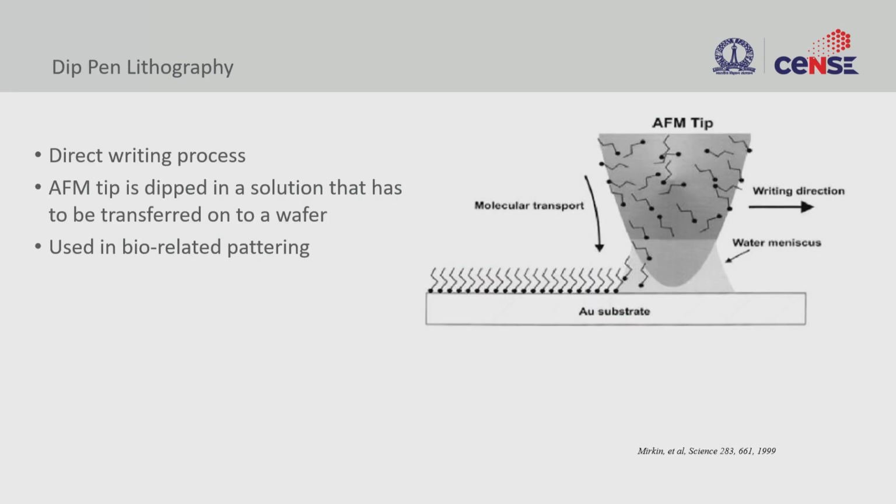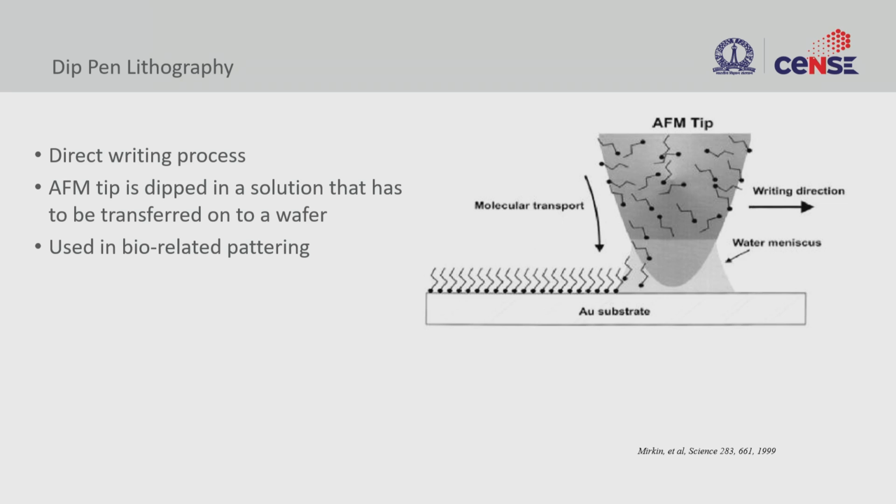And again, using an AFM tip, this is slightly towards biological pattern writing, where you want to align molecules in a certain fashion on a substrate. So there are bulk processes where you dip coat a certain layer, but the problem there is you will coat all over the wafer.